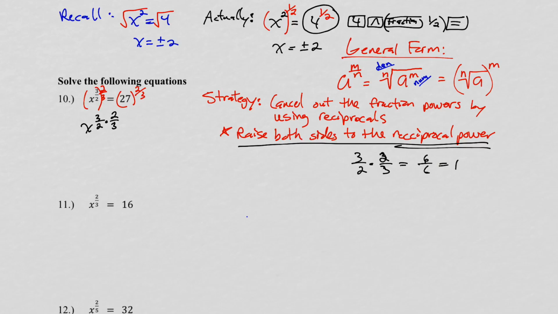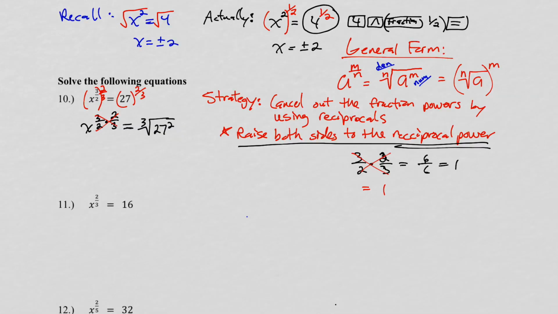Or you can just say, hey, 2's cancel out, 3's cancel out, which is equal to 1. Okay? So that's why we do this, because we're trying to get x by itself. But in the process of doing that, we get the cube root of 27 squared.